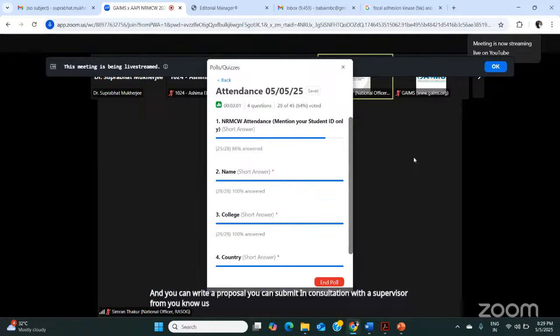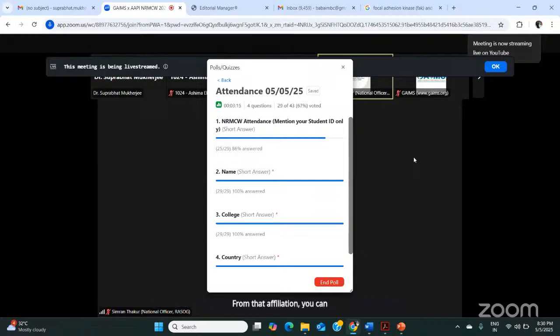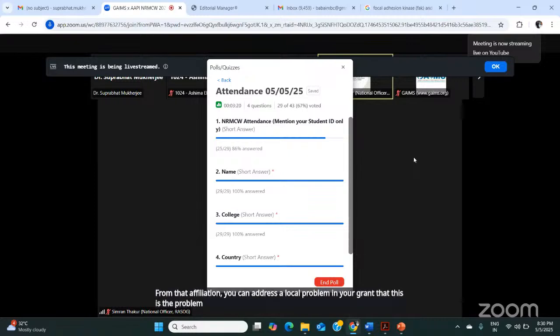So you can apply to that. If you get the grant, you can work on that particular aspect. This is the first one. And second, if you get any job, any affiliation, from that affiliation you can address the local problem in your grant. That this is the problem, and I want to work on this problem, and that can give these outcomes.